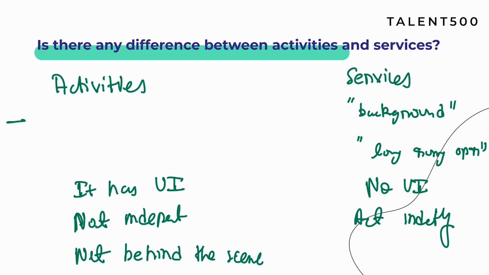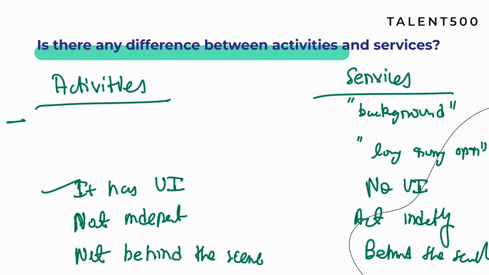It is the main part. It is the UI, the activity, the screen, like the main activity that we create, right? But the service is designed to run behind the scenes. So this is about activities and services.